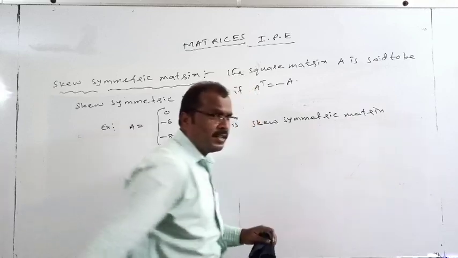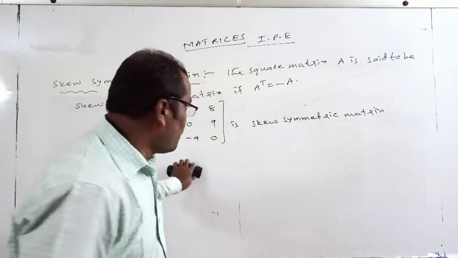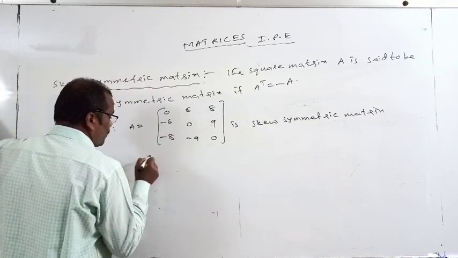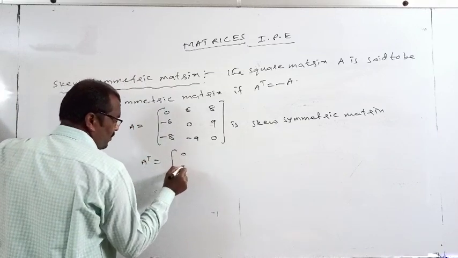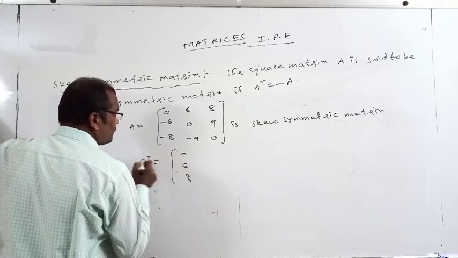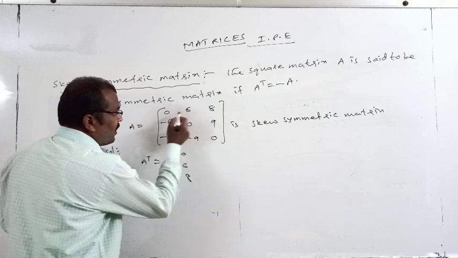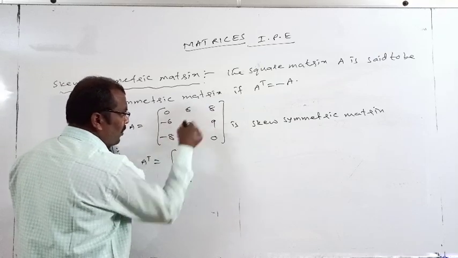Now we are saying it is a skew symmetric matrix. So prepare A transpose. Here A transpose is 0, 6, 8. Transpose means change the rows into columns.